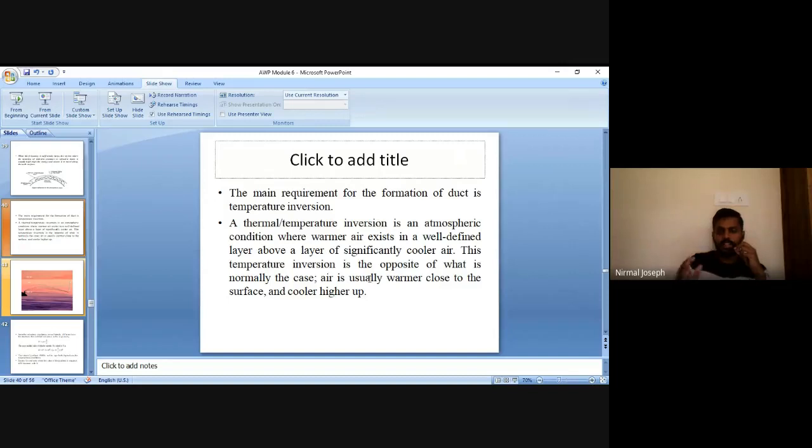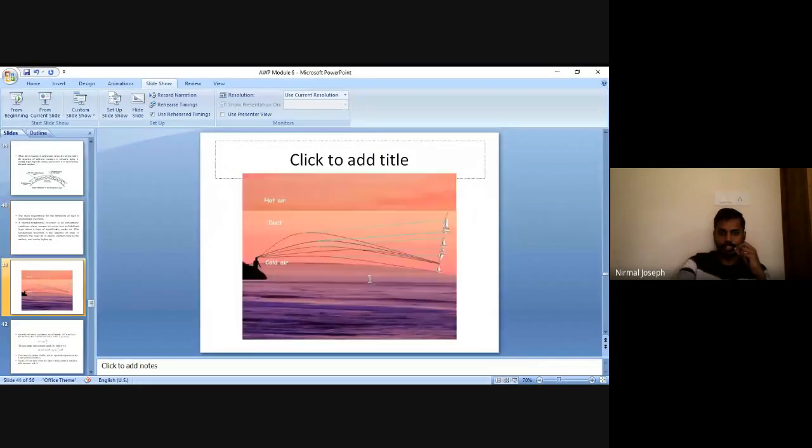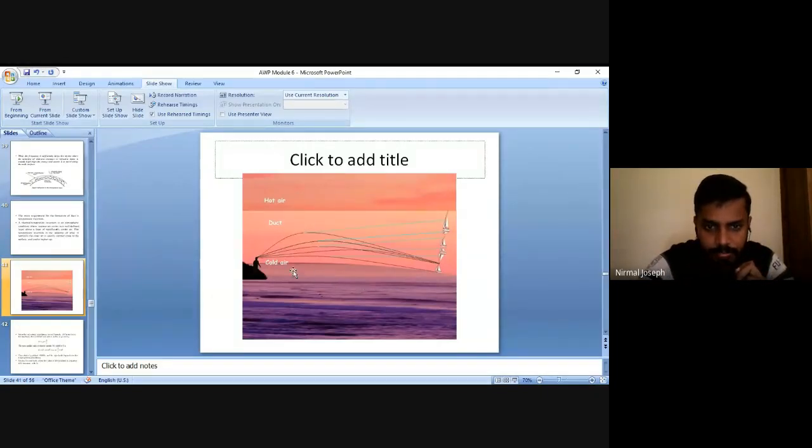A similar thing you might have seen or heard about is a mirage. That also occurs due to a phenomenon like this. This is the pictorial representation. Here, hot air is there, and cold air is forming the duct.